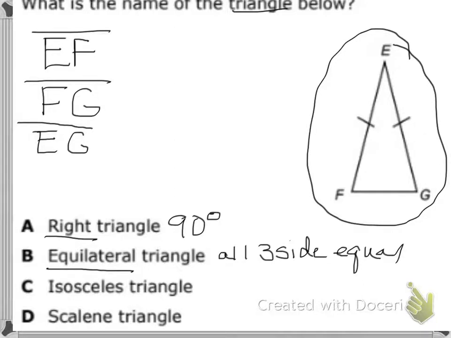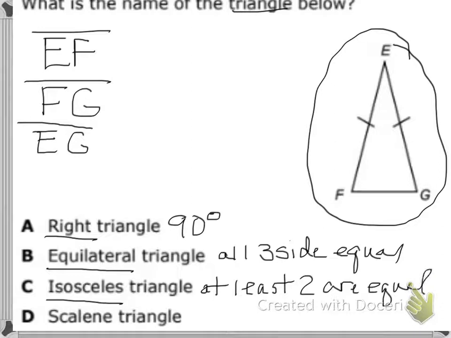When we think of an isosceles triangle, we think of a triangle in which at least two sides are equal. Finally, we look at our scalene and we ask ourselves, do all three sides have different lengths?